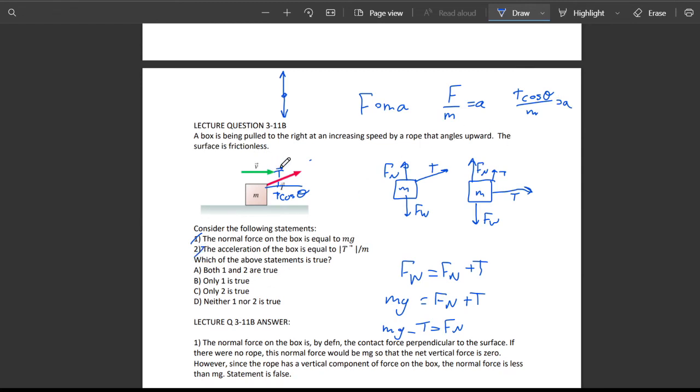This is saying that just the force vector itself, T, divided by the mass is equal to acceleration. Well, that's not the case. So therefore, looking at the potential answers, D is the correct answer, meaning that neither of them are true, and we showed it through our work here.